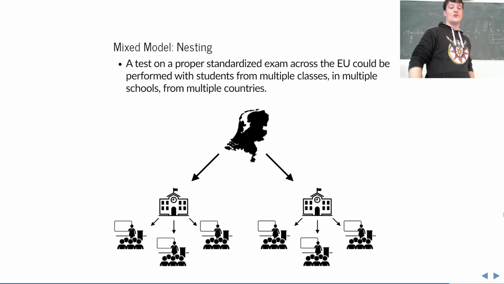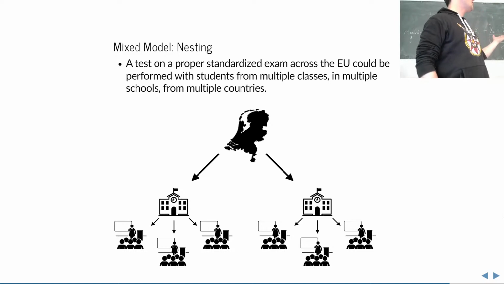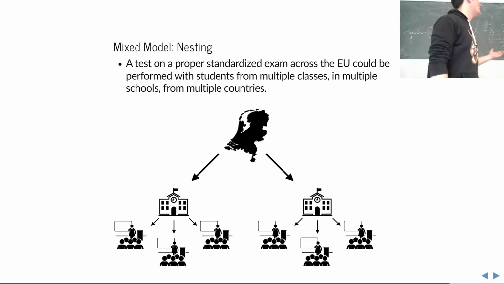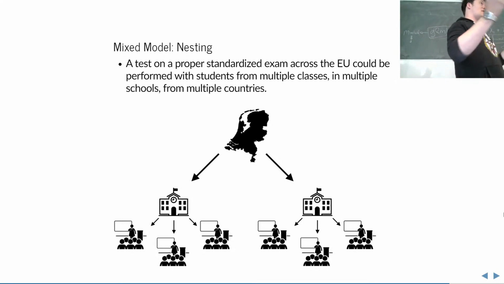Here's a visualized example. Let's say that we want to test a standardized exam across the European Union. So we already have CITO in the Netherlands. Let's say we want a European CITO, because we all love the European Union very much. What we could do is include multiple countries. Probably a good idea, right? Because we generalize it to all of Europe and not just to the Netherlands. But different schools may have different material available, and different classes within schools have different teachers.